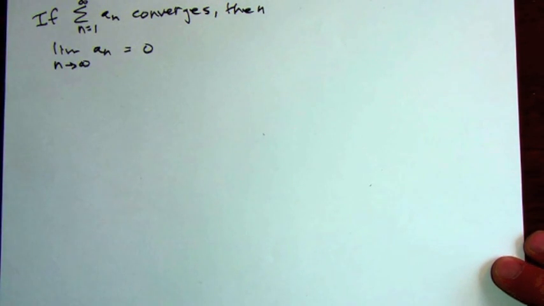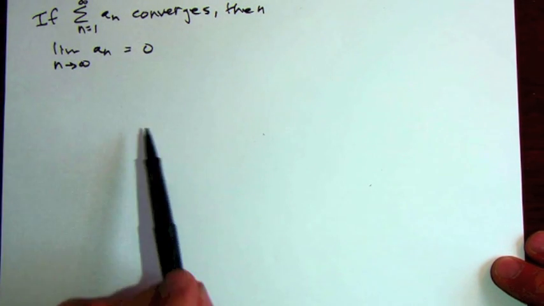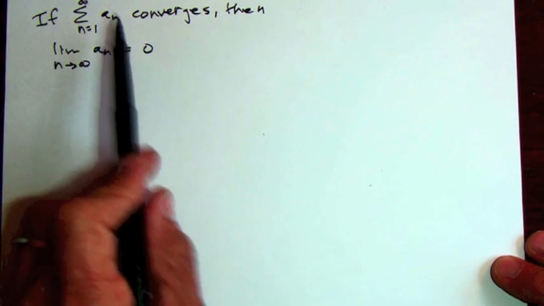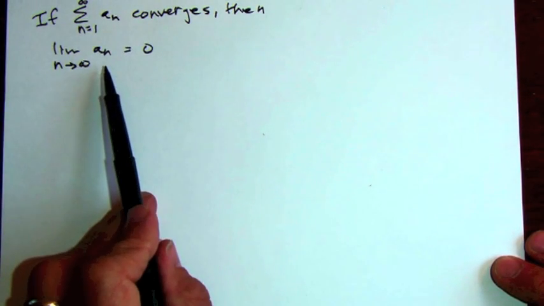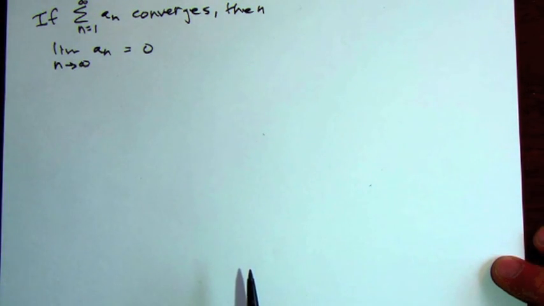What we're saying is that the sequence would go to 0. In other words, the terms of the series have to get smaller and smaller, going all the way down to 0. If you have a series that converges, those terms will get smaller and smaller and go to 0.